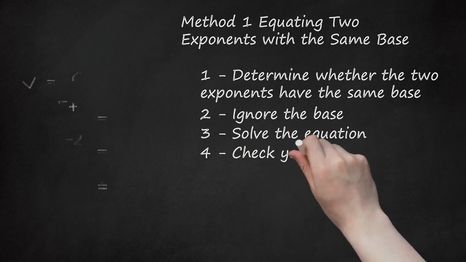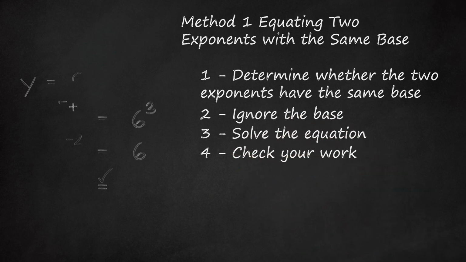4. Check your work. To make sure that your answer is correct, plug the value you found for the variable back into the original equation, and simplify the expression. The two sides should be equal.